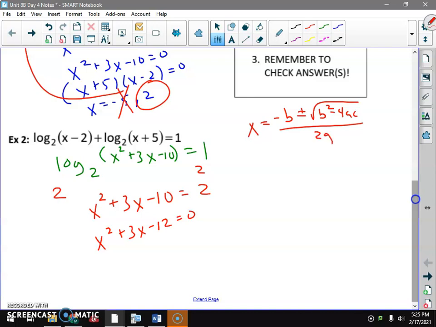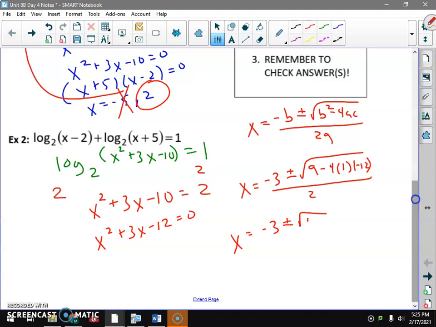All over 2a, which in this case would be -3 plus or minus the square root of 3 squared is 9. A negative times a negative is a positive. Minus 4 times 1 times -12. That's going to become plus 48, all over 2. x equals -3 plus or minus square root of 57, all over 2.